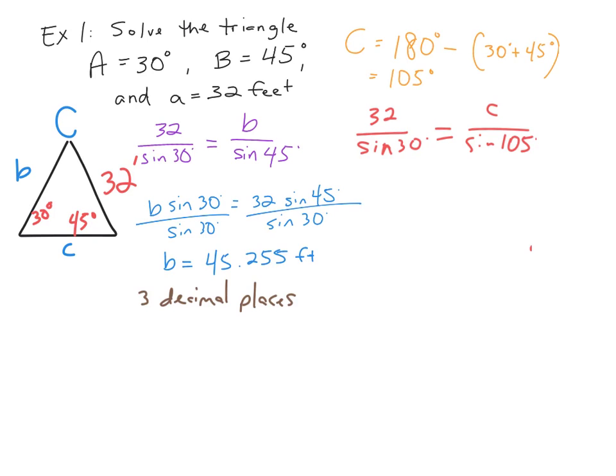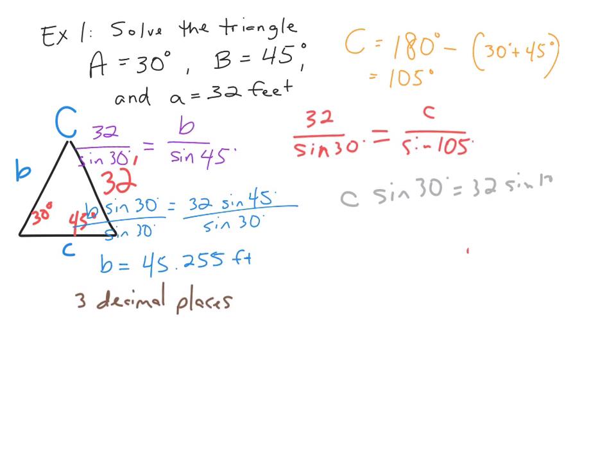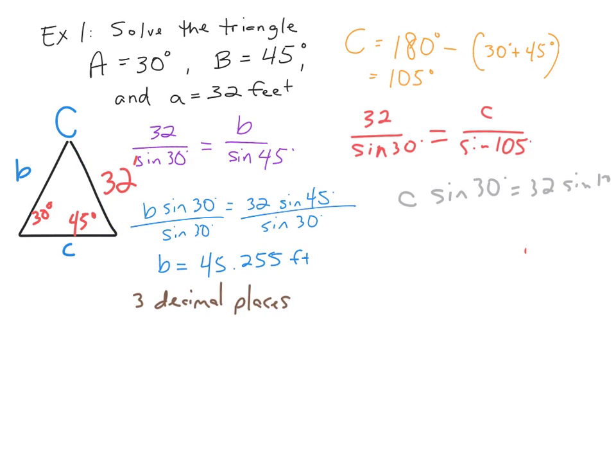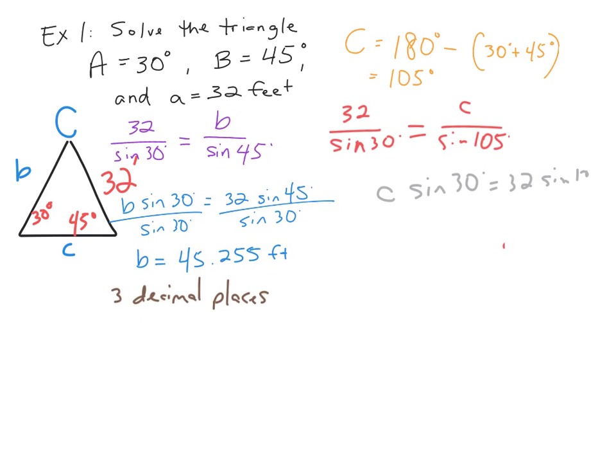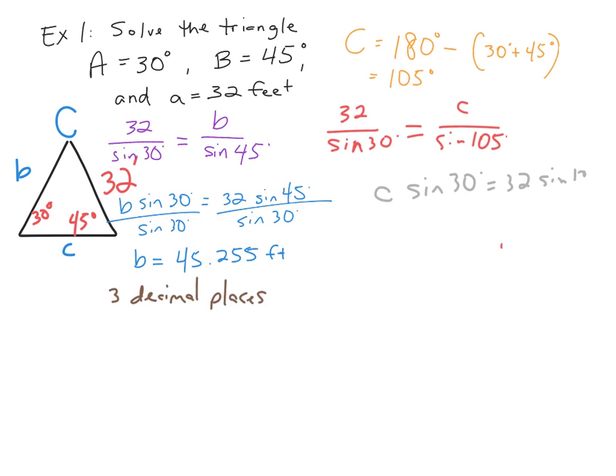And then we can set up our cross multiplication similarly. We're going to get C sine 30 equals 32 sine 105 degrees. A little sloppy, sorry.